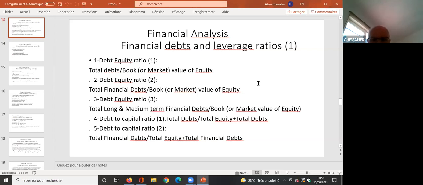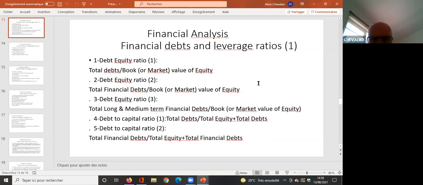Now, you find also another presentation, which is a very classical one. It was used in a large percentage of cases 10 or 15 years ago. We find less and less this ratio: total debts, all debts, financial and operational, long-term, medium-term, and short-term, to total equity plus total debts.